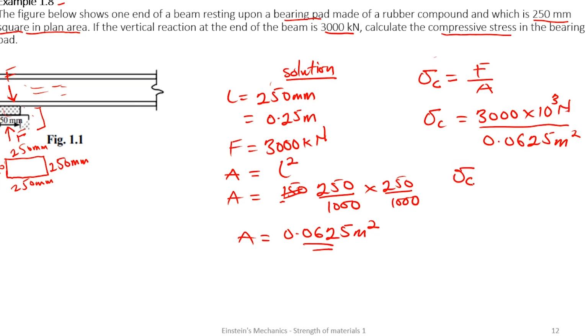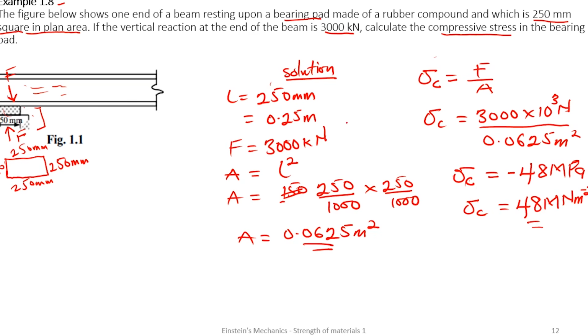So my compressive stress is giving me negative 48 megapascal. Or since you indicate here as compressive stress, you can just say this compressive stress is 48 mega, either pascal or Newton per meter square.